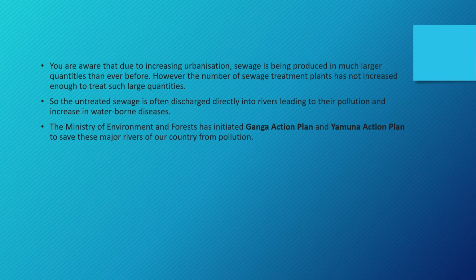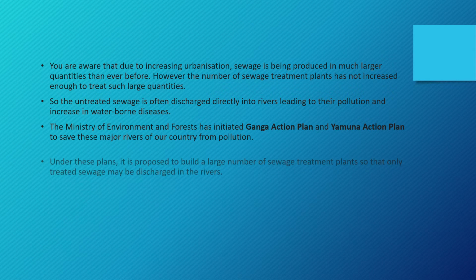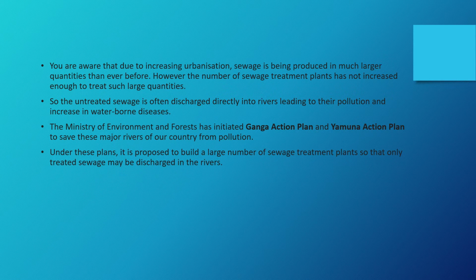The Ministry of Environment and Forest has initiated the Ganga Action Plan and Yamuna Action Plan to save these major rivers of our country from pollution. Under these plans, it is proposed to build a large number of sewage treatment plants so that only treated sewage may be discharged in the rivers.